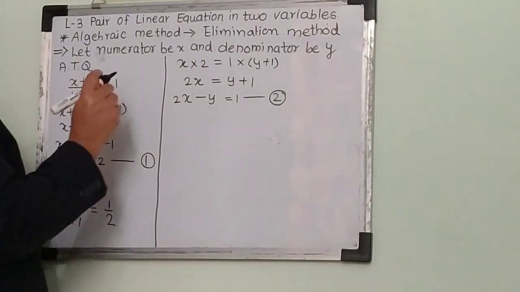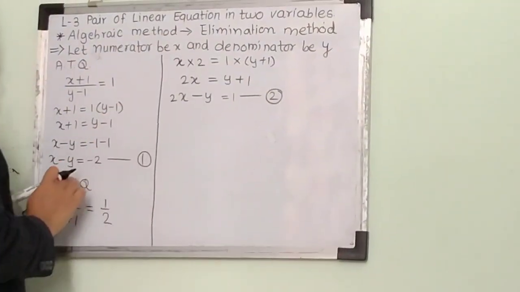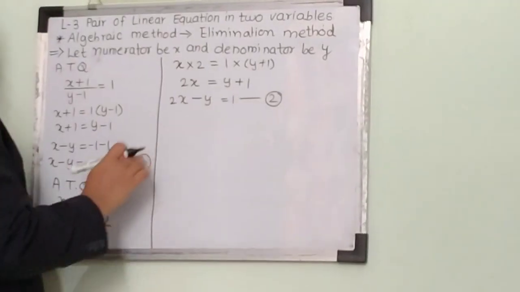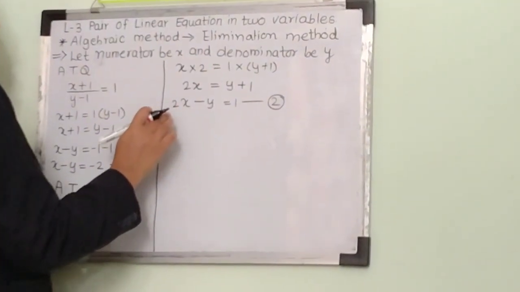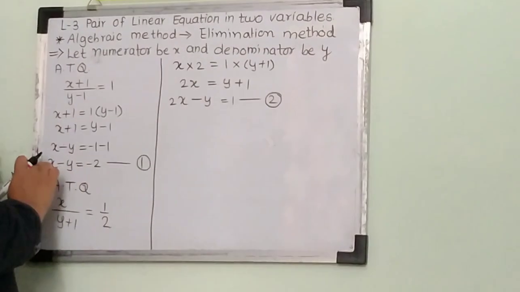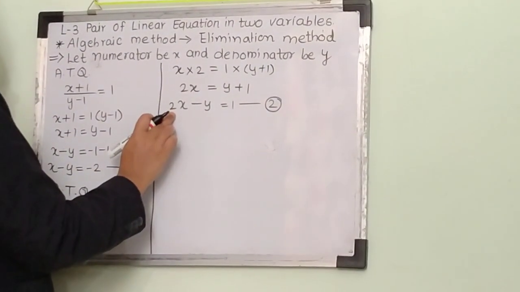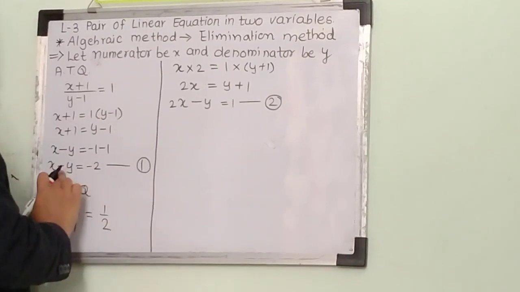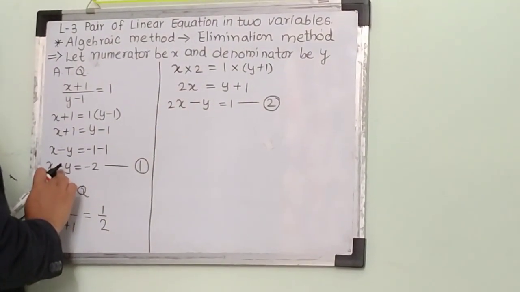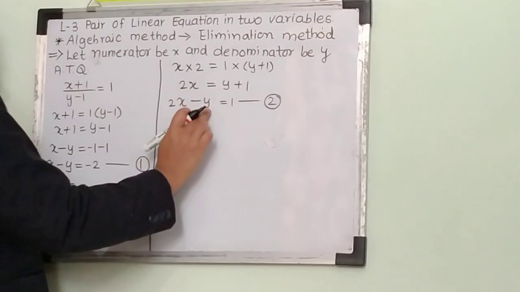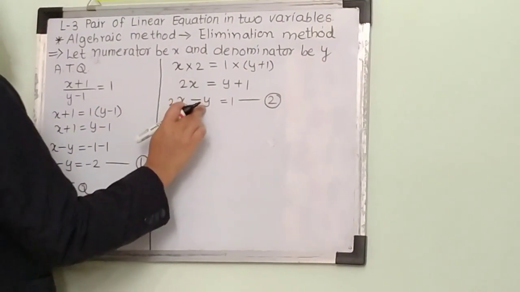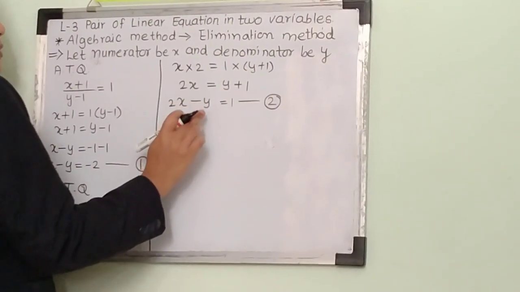Now for the elimination method, we have to check the coefficients of x and y. The coefficient of x is 1 in the first equation and 2 in the second. In the first equation the coefficient of y is minus 1, and here also the coefficient of y is minus 1.